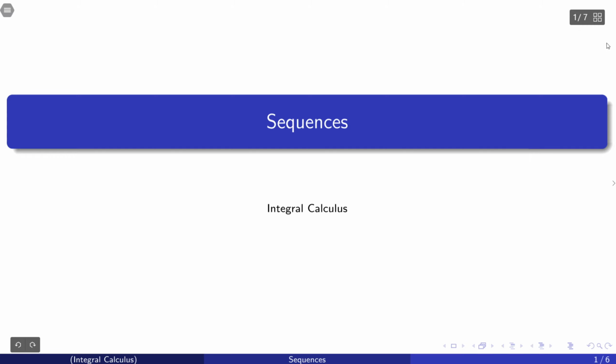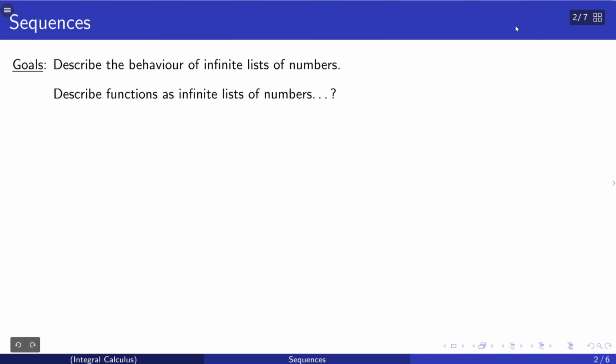And so I'm just going to talk about our goals here for this section. And this is pretty much what we're going to do here. We're going to try to describe the behavior of infinite lists of numbers, right? And sure, that may seem a bit intimidating to you. For sure, you know lists of numbers, but infinite lists of numbers?